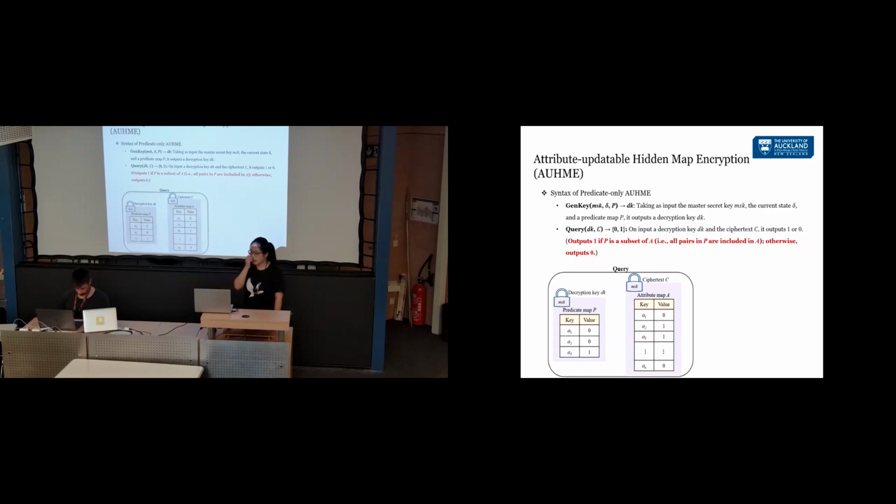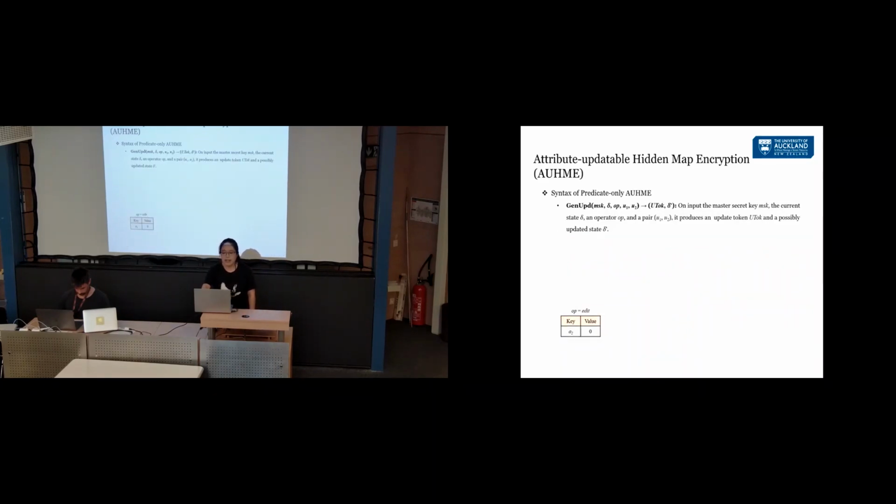In the query procedure, if P is a subset of A, which means all pairs in P are included in A, the query will output 1, otherwise it outputs 0. In this example, since the entry A2 does not match the attribute map, the query outputs 0. Here, the key security feature is if the query returns 0, it does not reveal which pairs in P are not included in A.